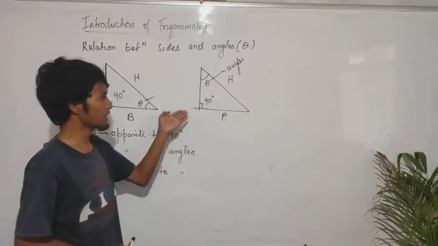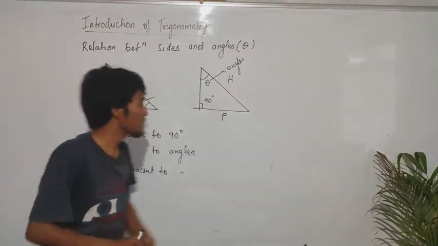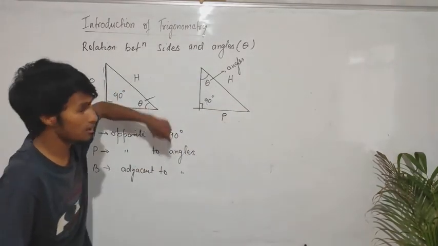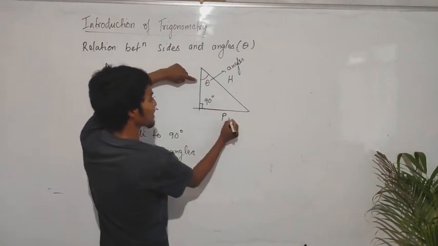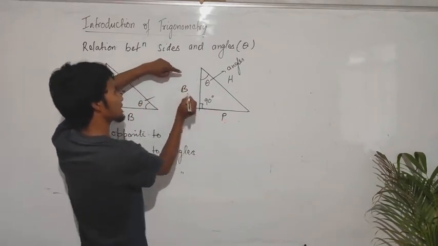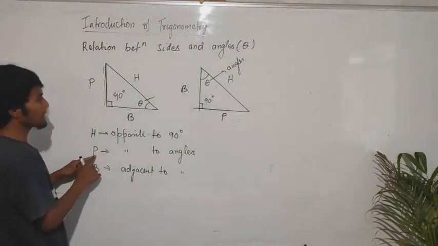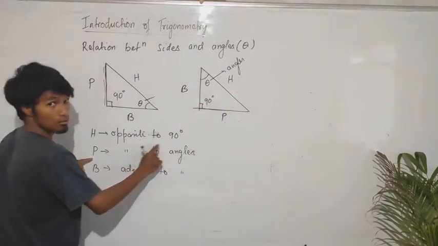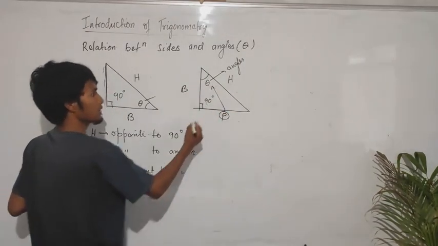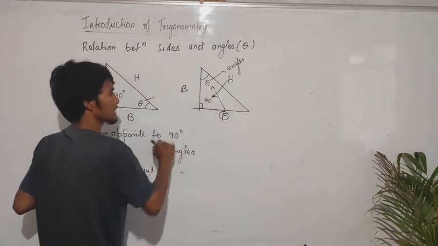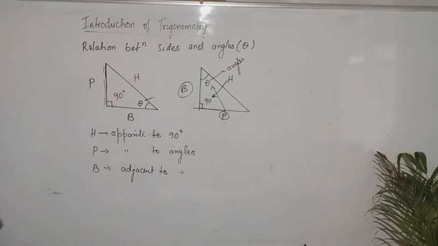Before we said that when there's a horizontal line, that always will be the base. But now with respect to the angle, the side which is opposite to the angle will be the perpendicular, and then this will obviously be the base. Now look here, P perpendicular is always opposite to the angle. This P is opposite to the angle, this H is opposite to 90, and this B will be adjacent to theta. And don't confuse this.